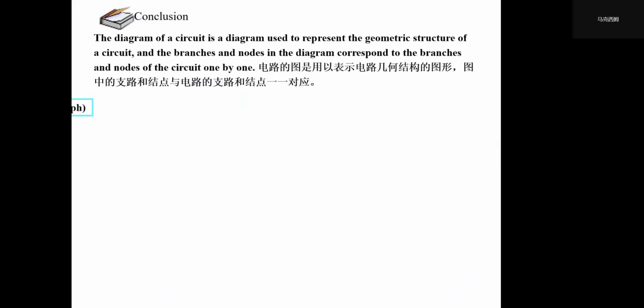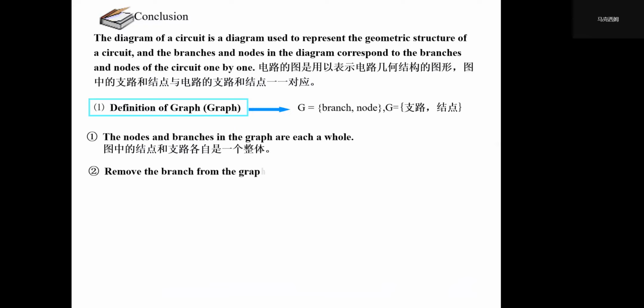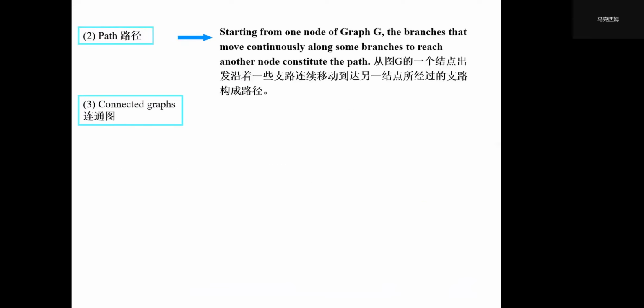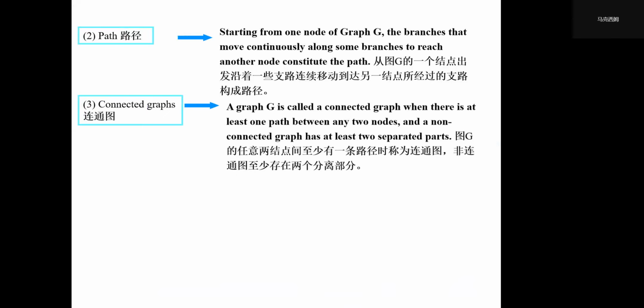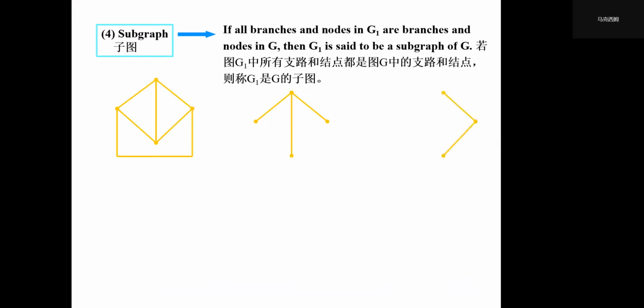So from last study, we have learned about this, so we don't go over every definition all over again. We know from these definitions what a path is, what a connected graph is, what a node is, what a branch is, what a mesh is, and what a loop is.